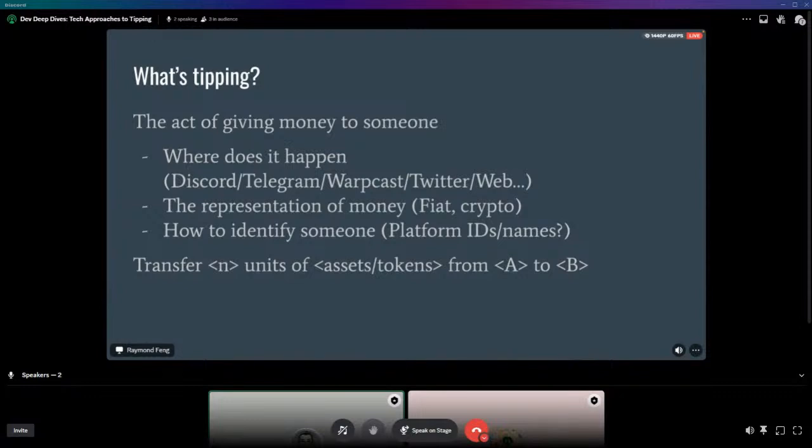But if you go deeper into tipping, you'll realize there are many different interesting dimensions. The formalization of tipping is: you have to transfer units of some asset or token from A to B. But what's interesting is the different variables we have here. We need to understand what assets you are transferring. Are they just fiat money or crypto tokens?